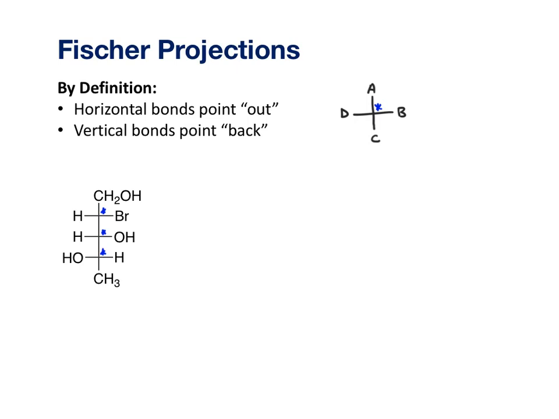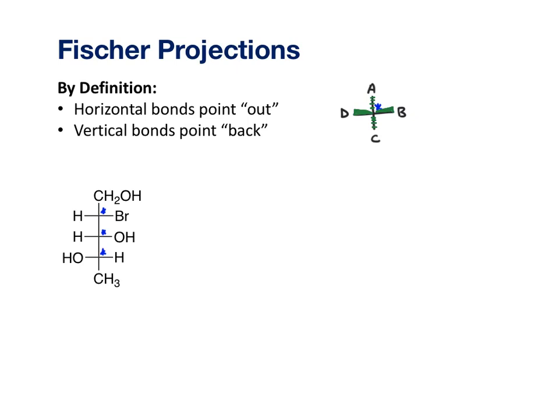But then by definition, horizontal bonds are pointed out, vertical bonds are pointed back. So in my structure here, these horizontals are out. So those are actually wedges. The verticals are dashes. And the same is true for the Fischer projection I had down here.